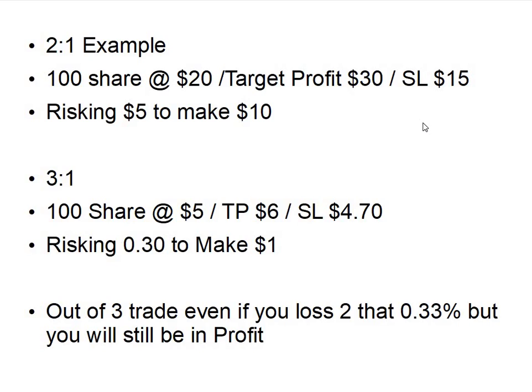Second trade, I lost 30 cents. That's a total of 60 cents. But my third trade, I ended up making $1. So if you minus out the 60, I'm still up 40 cents. Even though my winning percentage is 33%, I still made money. So keep that in mind.